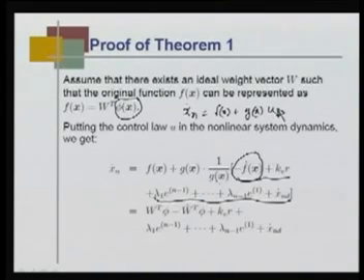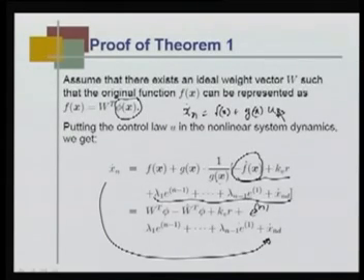So, if I now bring this x n to this side, x n d dot minus x n dot will be, here we can write, e to the power n, the nth derivative of e.